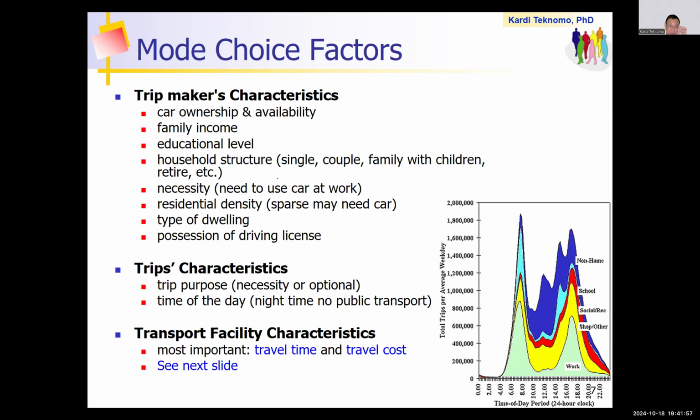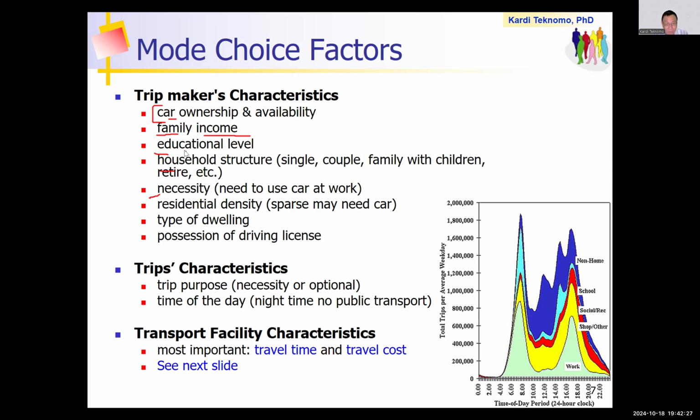Of course, one important factor is car ownership, availability. And this is also influenced by the family income, education level, and household structure, and the necessity. When they have higher family income, they tend to use a car.